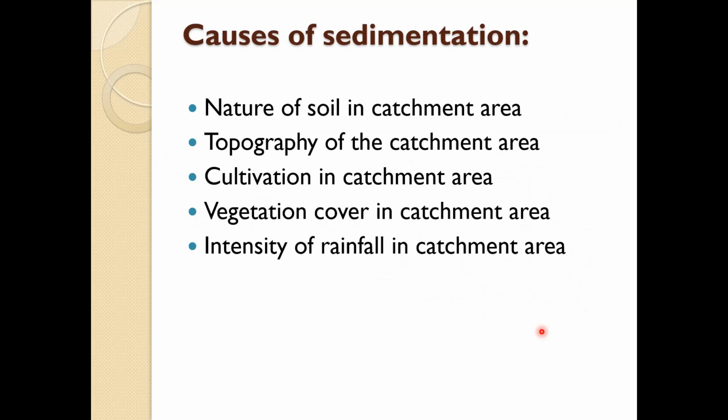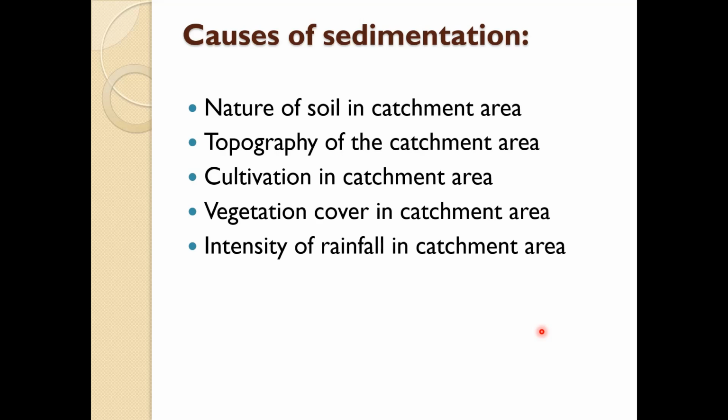So what are the reasons or causes of sedimentation? It is the nature of the soil in the catchment area. If soil is loose and can erode easily, then obviously there will be more sedimentation in the reservoir or the dam. Then the topography of the catchment area. If the topography helps to move the suspended particles, then again the erosion will be more.